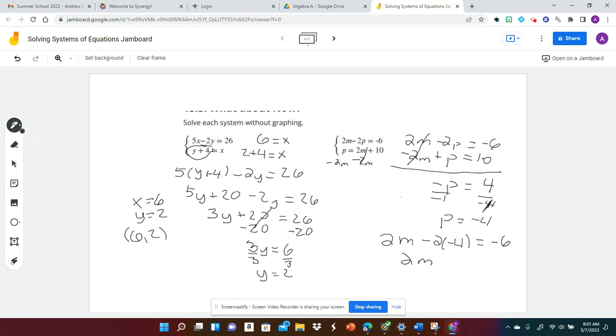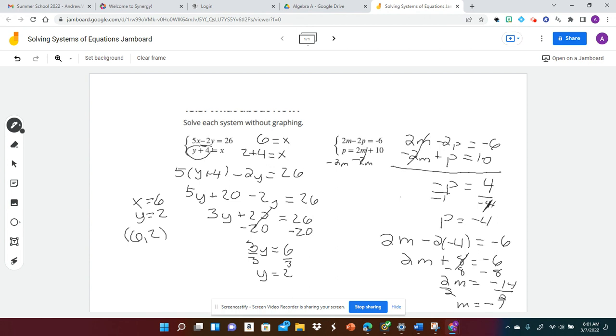So you get 2m plus 8 equals negative 6. Then subtract 8 from both sides, and you would get 2m is equal to negative 14. Divide by 2, and you get m equals negative 7.